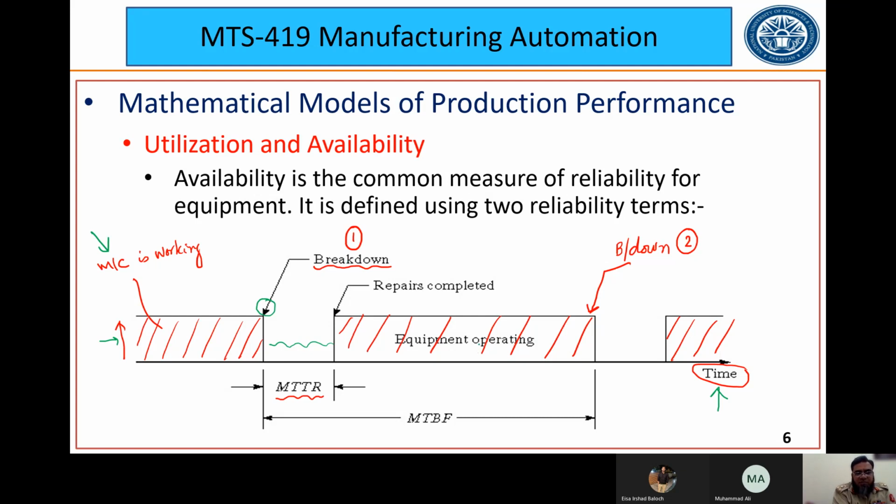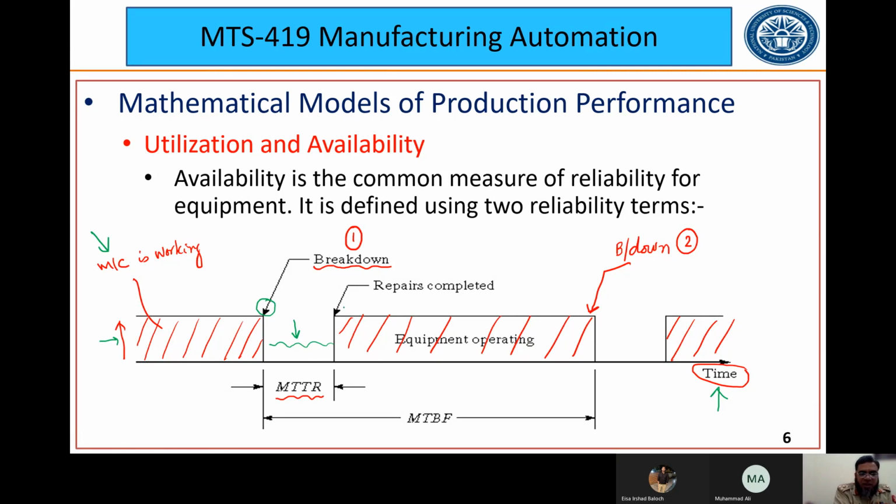Then this is the time taken to repair the machine or the facility. This is called mean time to repair. We will come back to these terminologies, mean time to repair and MTBF. At this moment, just think that we are plotting a graph of a machine or facility against time, showing at what point of time the machine was up and working, and at what point it was down and under repair.